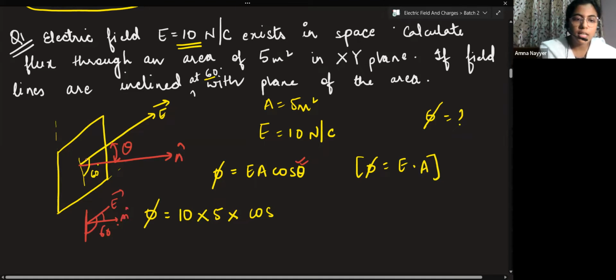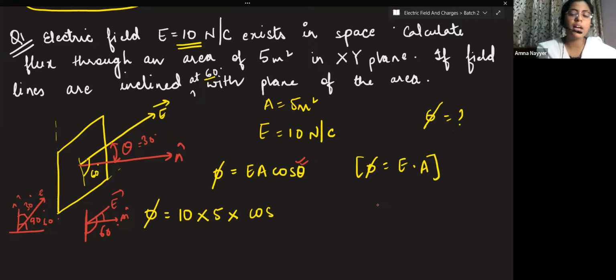If this whole angle is 90 degrees, this part will be only 30 degrees, because the normal makes an angle of 90 degrees with the plane and the electric field lines make an angle of 60 degrees. So what is left between the electric field and the normal? This is 30 degrees. Only 60 degrees plus 30 degrees will give you 90 degrees.